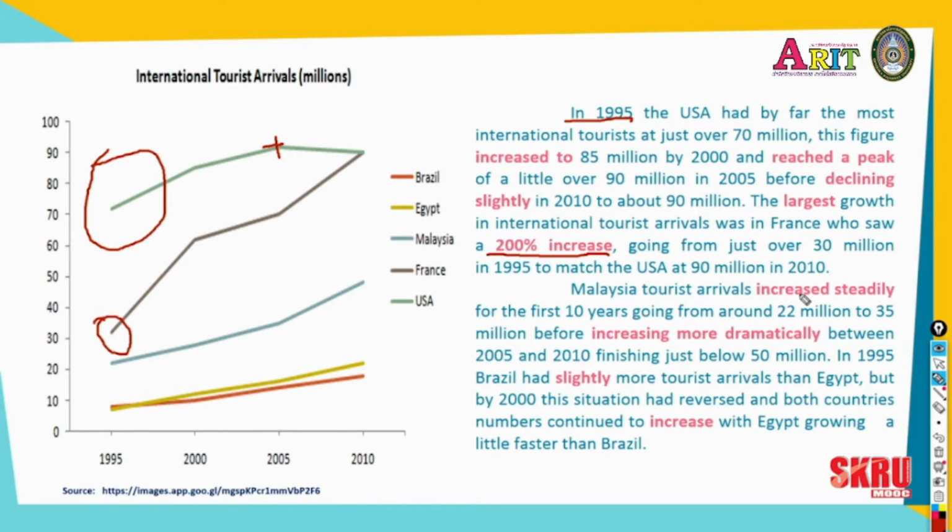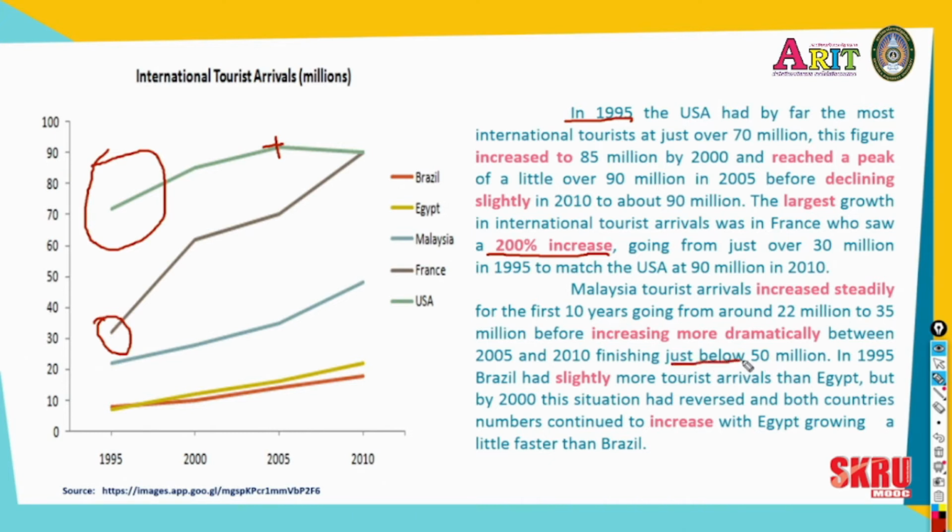Malaysia tourist arrivals increased steadily. So Malaysia, our third country, and we can see the lines very, very flat, no bumps or funks, for the first 10 years, going from around 22 million to 35 million, before increasing more dramatically, more steeply, between 2005 and 2010, finishing just below 50 million.